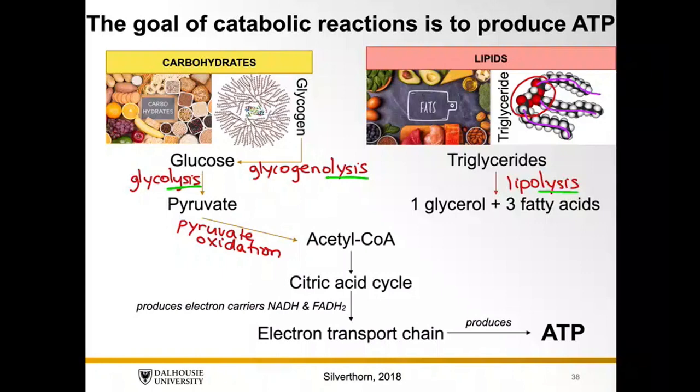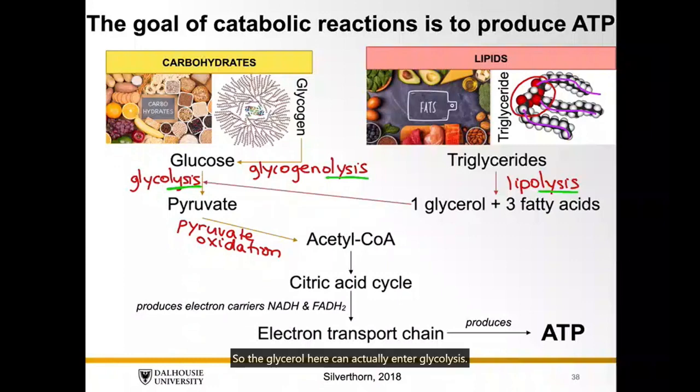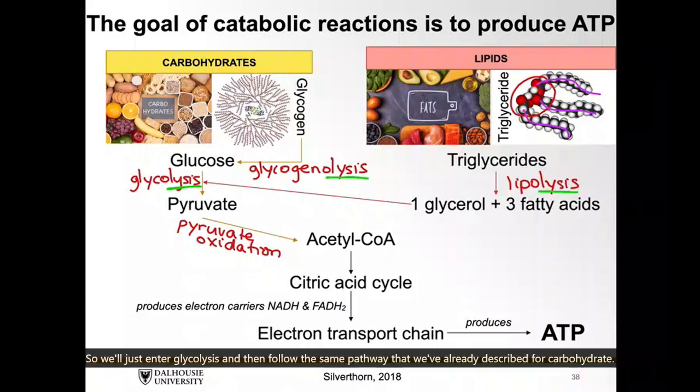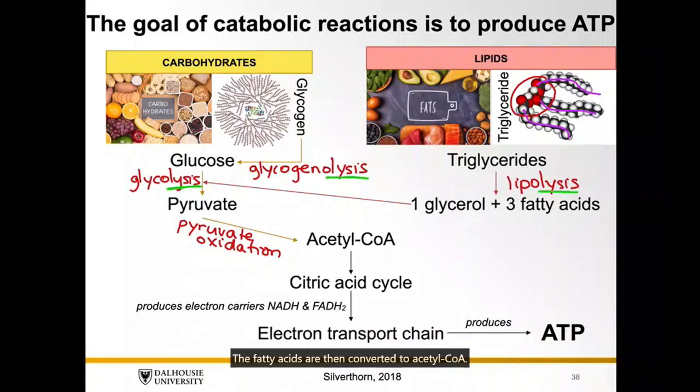Now at this point, the glycerol will go one way and the fatty acids will go another way. The glycerol here can actually enter glycolysis, and then follow the same pathway that we've already described for carbohydrate. The fatty acids are then converted to acetyl-CoA.